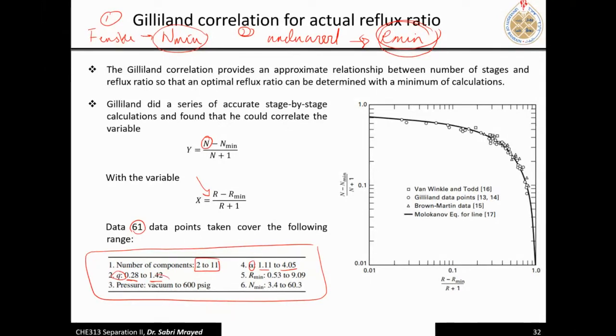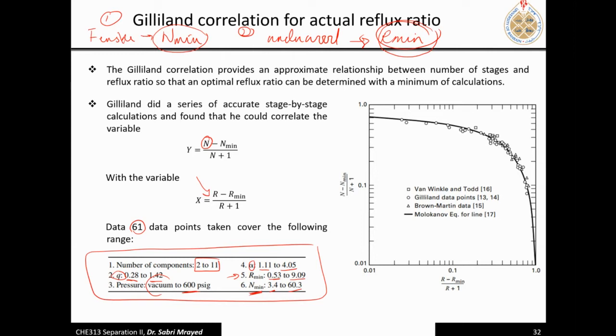Pressure from vacuum up to 600 psi gauge, and the minimum reflux ratio between 0.53 and 9. Minimum number of stages between 3.4 and 60. So you have these limitations of your approach.